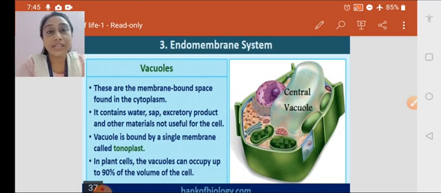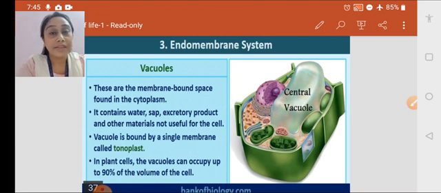This vacuole in plants occupies 90% of the area of the plant cell. And the vacuole in the plant cell is so large that it is centrally located. Generally, the vacuole of the plant cell is called the central vacuole. And this vacuole shifts the nucleus and other cell organelles towards the periphery.